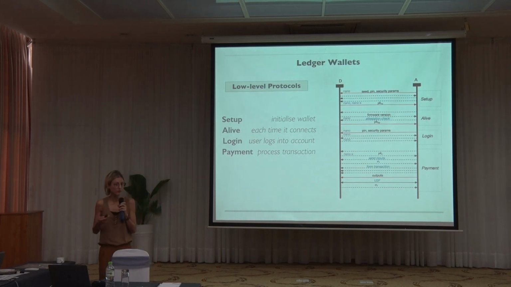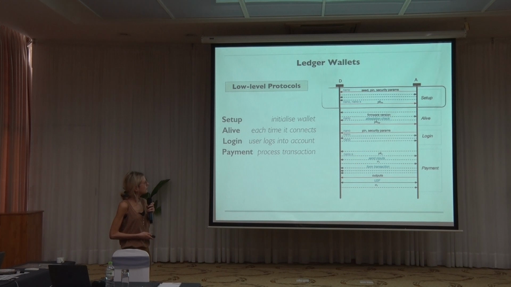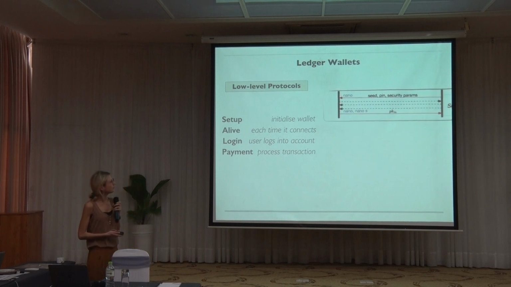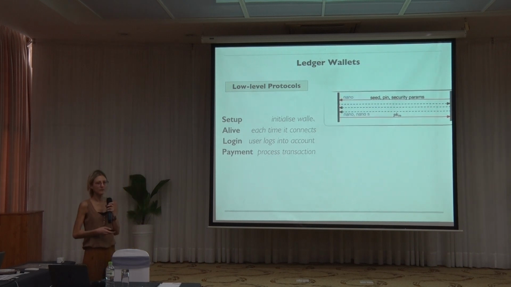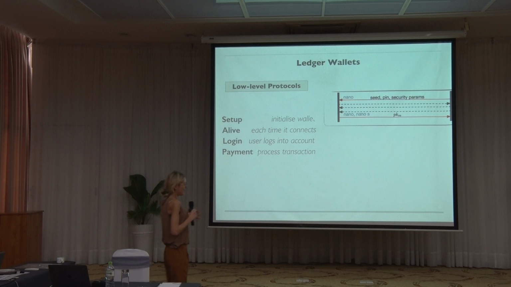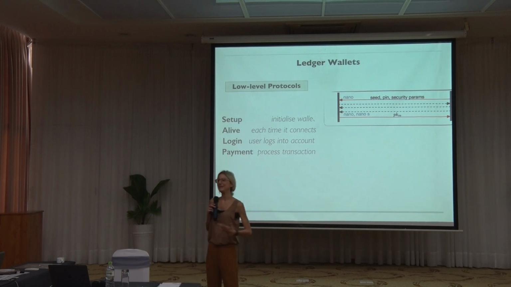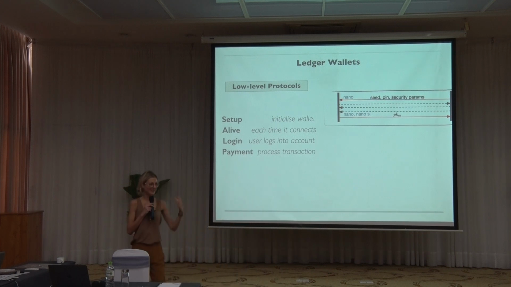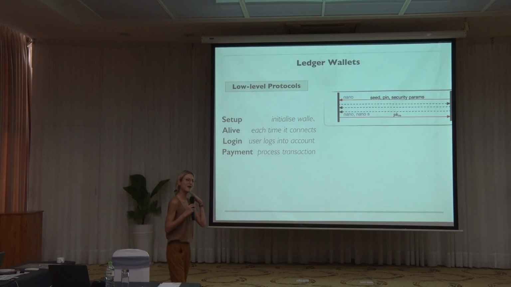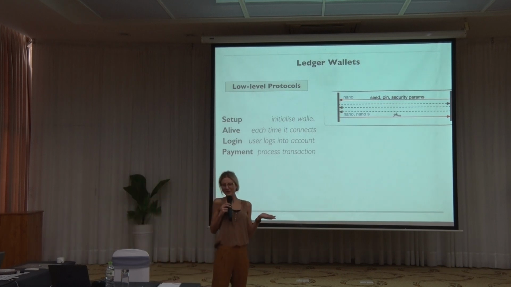Let's have a closer look at the protocols now. Let's go to the setup protocol. So quite a few things are wrong here. I'll start with Nano. Once more, we have a hardware device which is tamper resistant, which we pay lots of money to manage our keys, right?